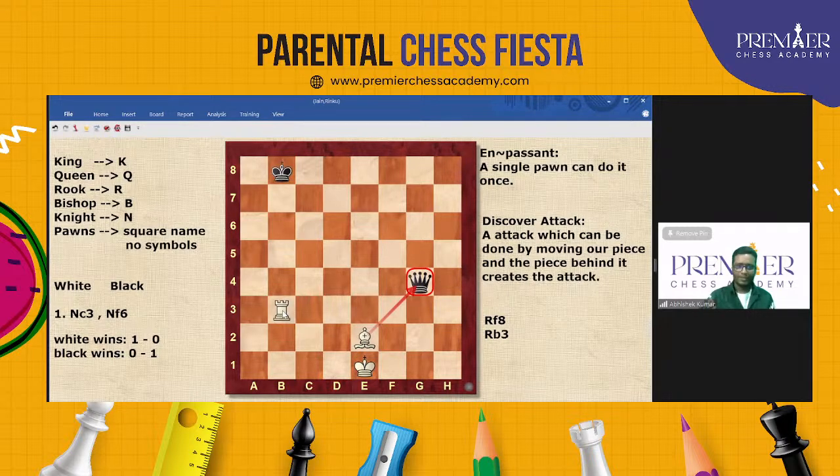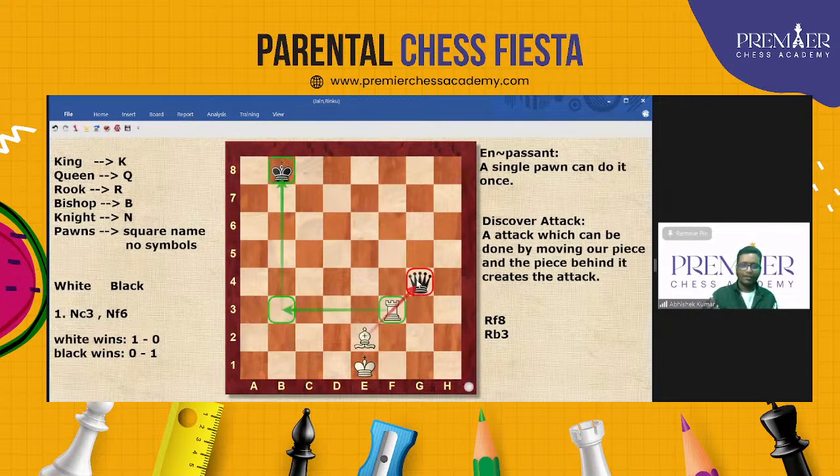We also created a discover attack onto the queen. How is this a discover attack? Earlier, the bishop was attacking the queen, but the rook was the cover. When we removed that cover, the bishop unleashed the attack onto the queen. The king got attacked as well by the rook. The king got distracted. We got to the queen.